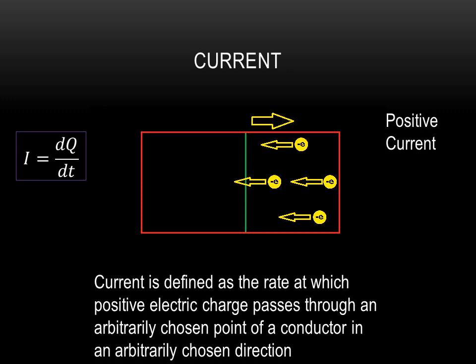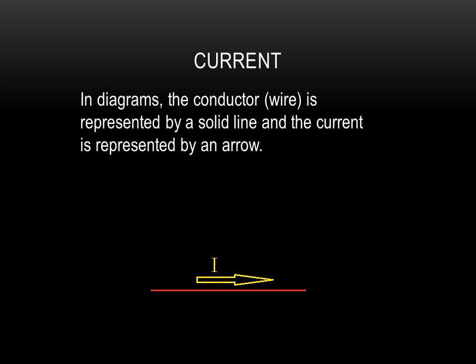In general, the formula for current, instantaneous current, is given as the derivative of the charge with respect to time passing through a specific point. Now, in circuit diagrams, the conductor, in other words, the wire, is represented by a solid line, and the current is represented by an arrow.